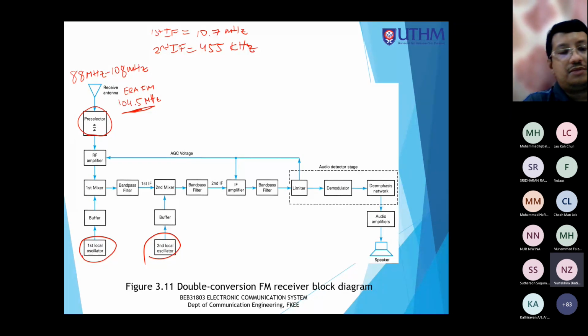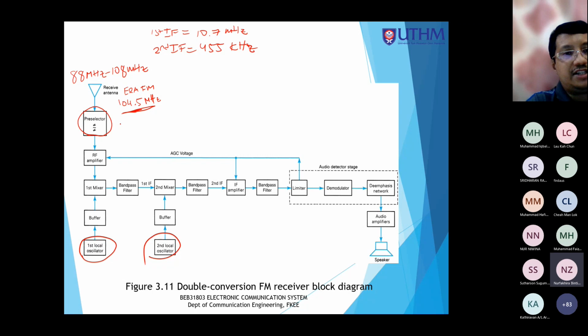Okay. So if the local oscillator is higher than the input radio frequency, that means we can use the high side injection equation. You can refer to the AM, high side injection and low side injection.